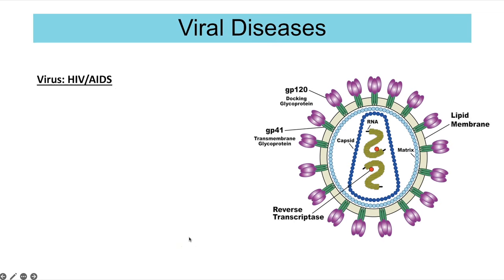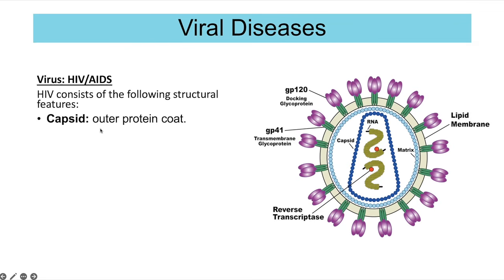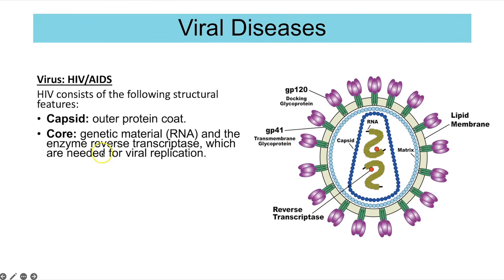Now, the key example that you need to know is the virus HIV, and it consists of the following structural features: a capsid, which we can see here as the dark blue circles, and that is an outer protein coat surrounding the genetic material. That is what is in the core, which is the genetic material, which is RNA for HIV.